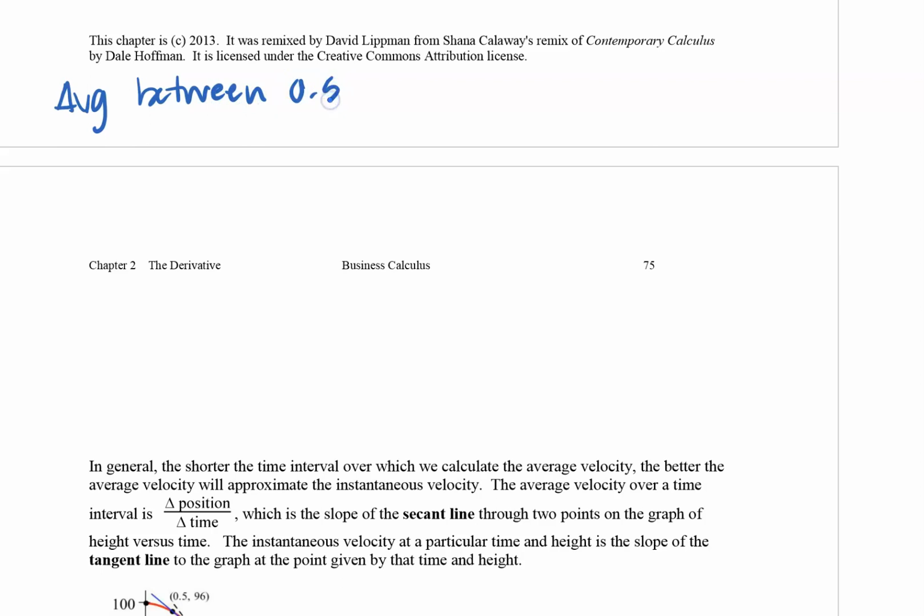between 0.5 and 1 second, because our goal is to see the instant of what is happening at 1 second. So I'm going to look a little bit before it. I'll go back up to my table and grab some data. That would be 84 minus 96 all over 1 minus 0.5.